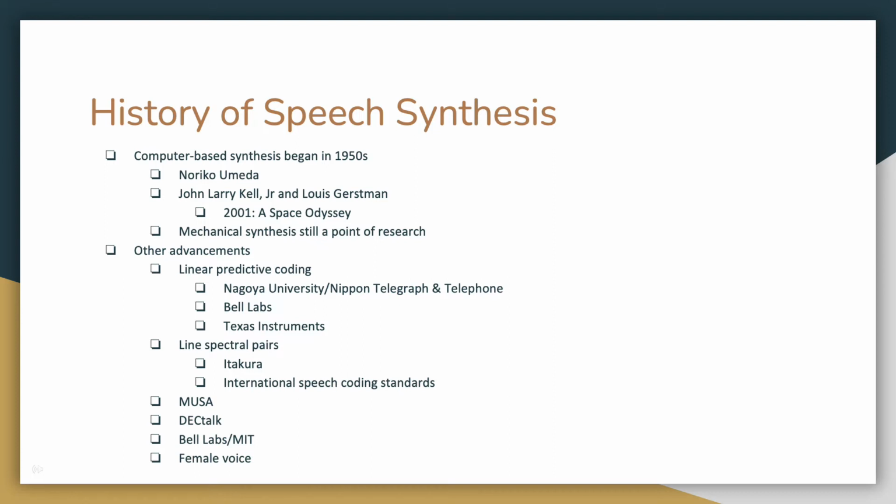Voices began sounding female when Ann Sertle at AT&T Bell Laboratories created a female voice. As of 2005, it has been predicted that systems for speech synthesis will eventually become cheaper due to the price-performance ratio.